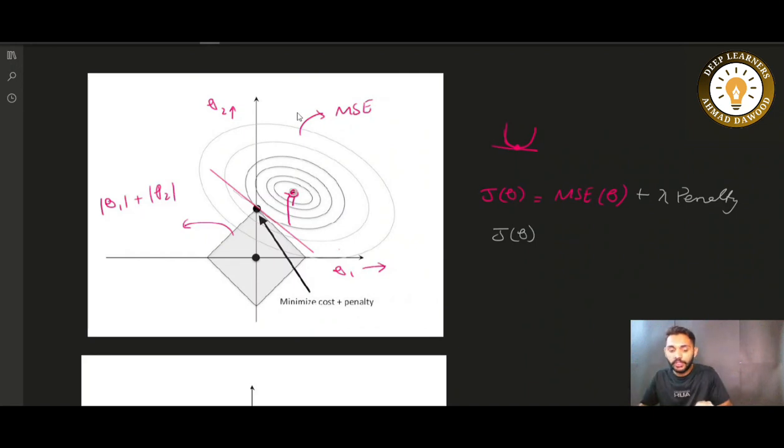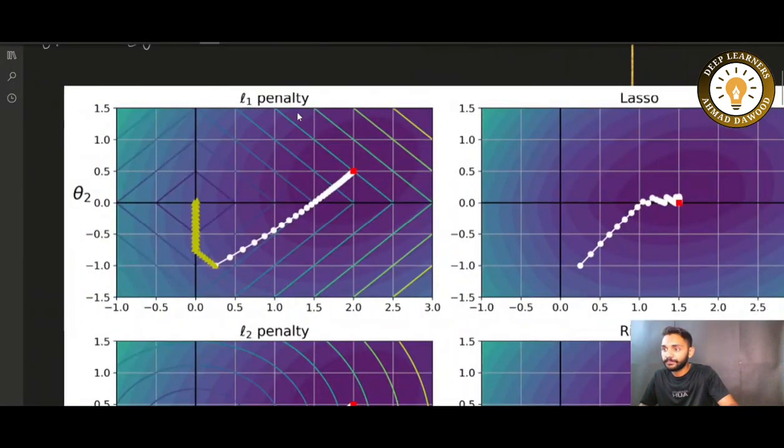More visually, let's say you have again theta 1 in this direction and theta 2 in this direction, and these are the background contours.